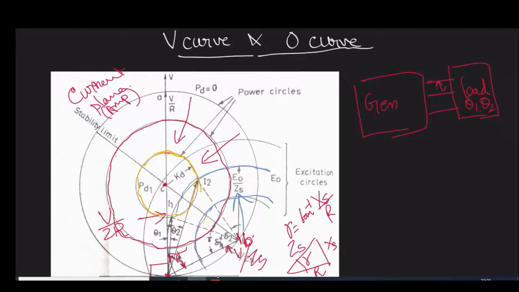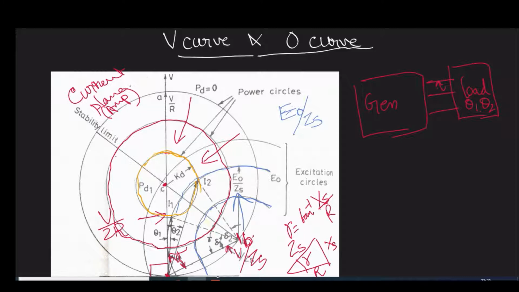Although we are not considering the excitation voltage directly, rather we are doing a kind of proportion. We are taking a proportionate value, and that value is proportional to E naught by ZS. Being a constant impedance ZS, for different values of E naught, the corresponding vector, I would like to use the term vector, will also be scaled accordingly, right?